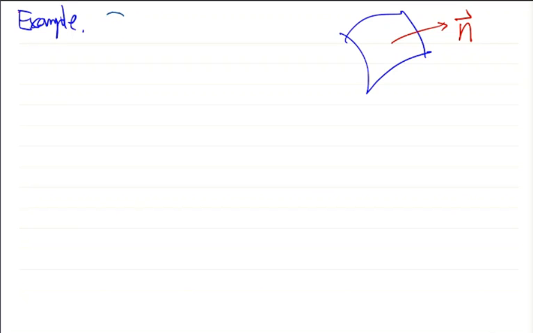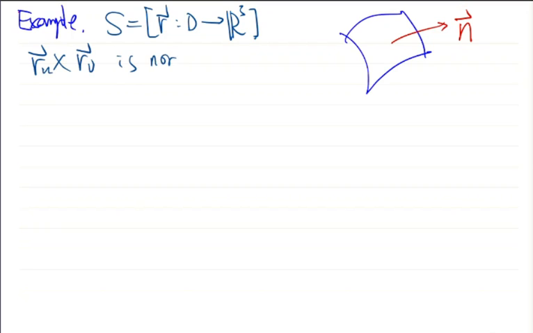S is a surface, then this is a normal vector on S, which is not zero.